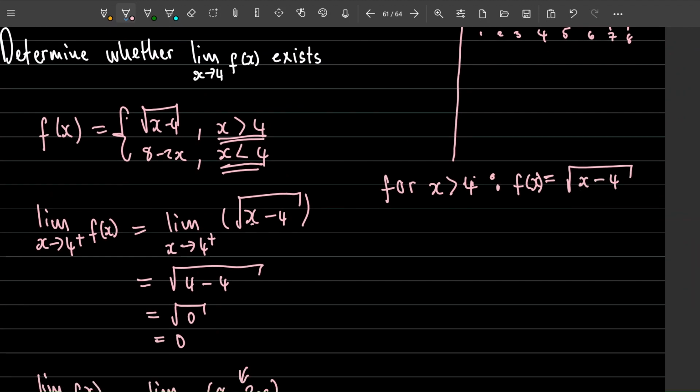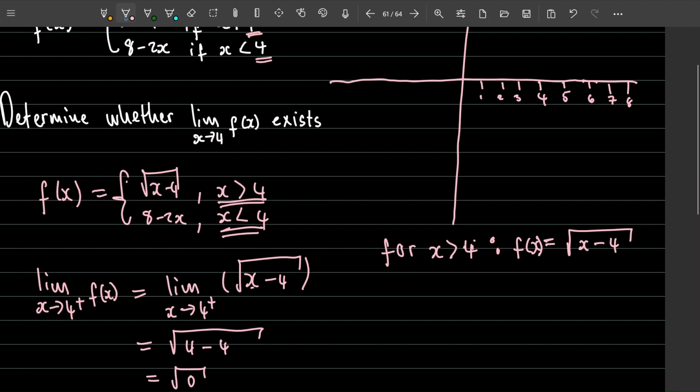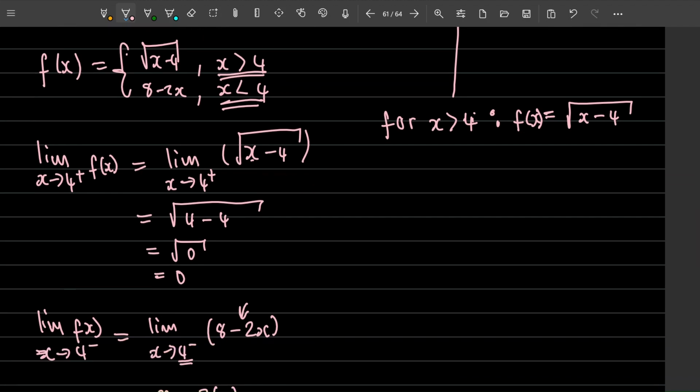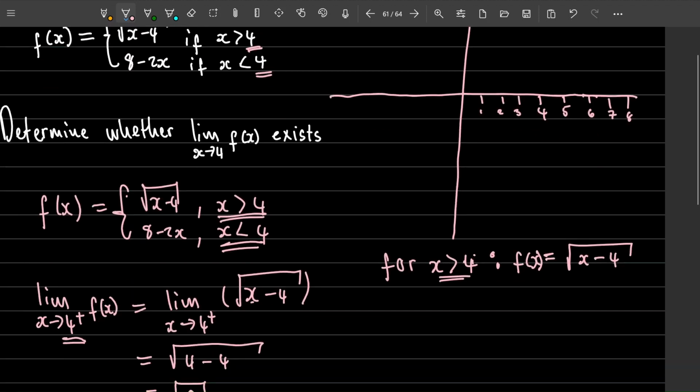So now I can find things just by doing that, right? I know that my limit is a point. I know that my limit as I was coming from the right, because x greater than 4 means you are coming from the right. Don't forget that. So if I'm coming from the right, what was my answer? It was 0. So it was going towards 0.